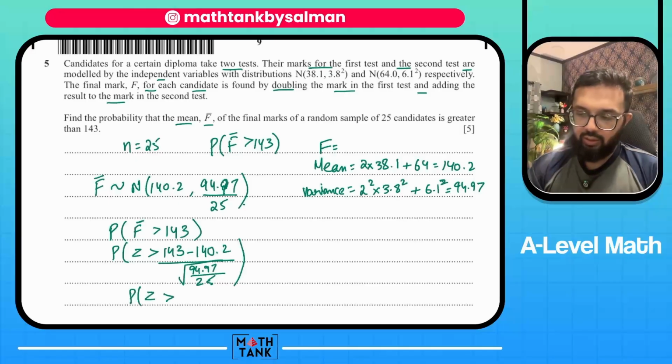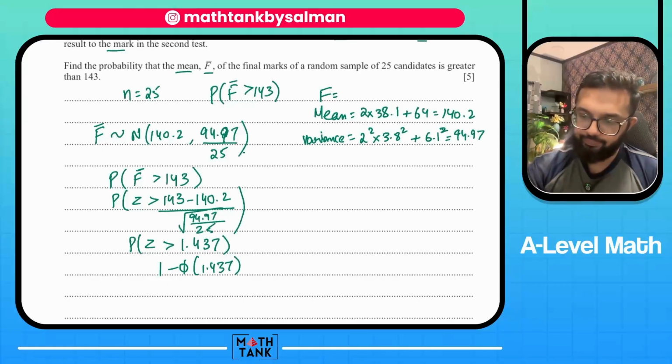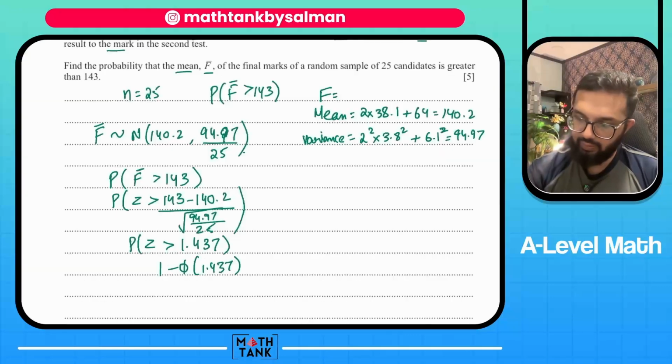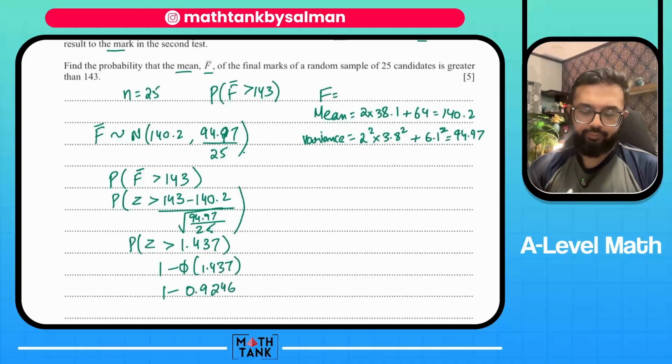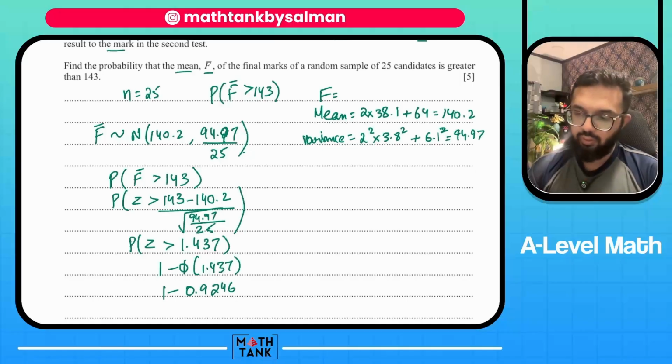Z greater than 1.437. 1 minus phi of 1.437. 0.074. Yep, that is the correct answer.